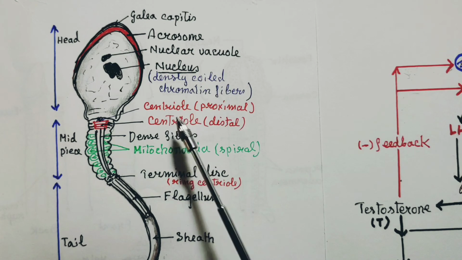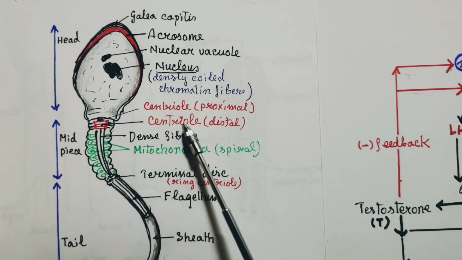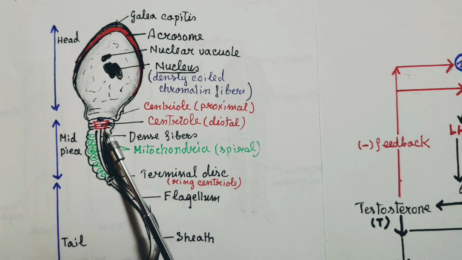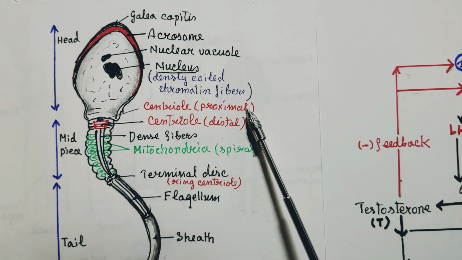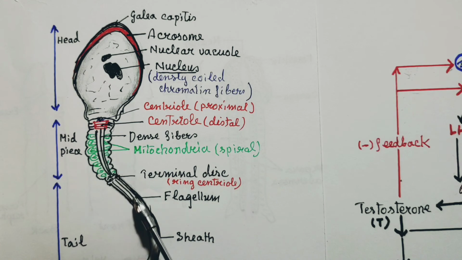And there are 2 centrioles. One is the proximal centriole and one is the distal centriole. These two centrioles are perpendicular to each other. This proximal one helps at the time of fertilization of the egg and it supplies the centriole and microtubules. The distal centriole forms the axial fiber of the tail.